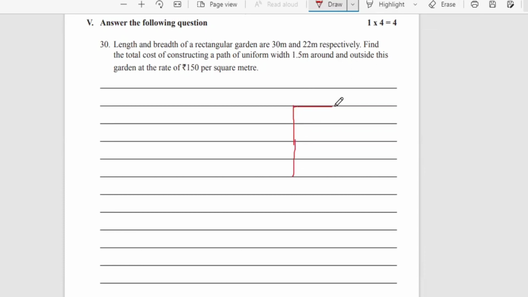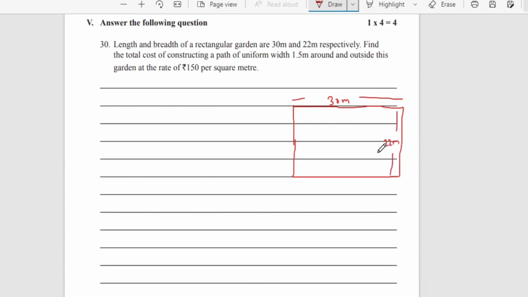This is our rectangular garden, which is of length 30 meter and the breadth is 22 meter.